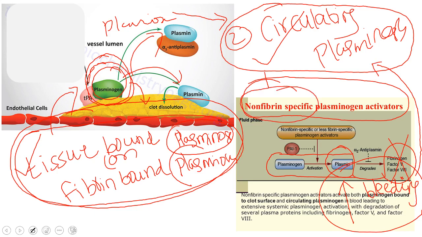They activate both tissue bound plasminogen, which gives them the thrombolytic activity, as well as circulating plasminogen, which increases their risk of bleeding.